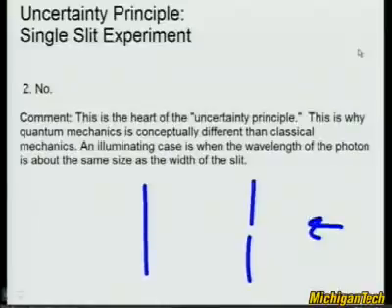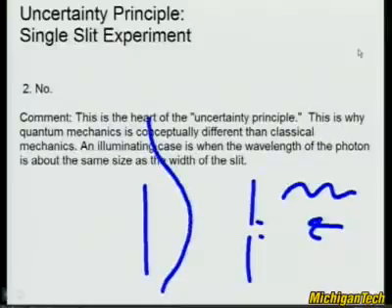The photon has a wavelength, which usually determines its color. When it goes through here, if the width of the slit is on the order of the photon wavelength, then where it ends up is quite broad. You can have photons hitting here, here, here, here, which is counterintuitive. And you can't tell where it's going to happen.